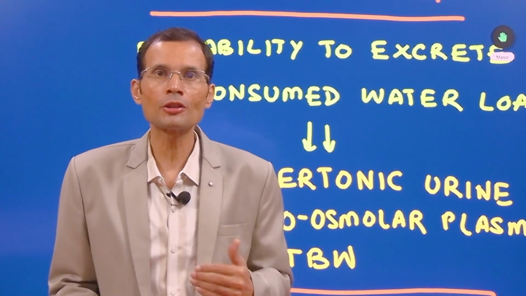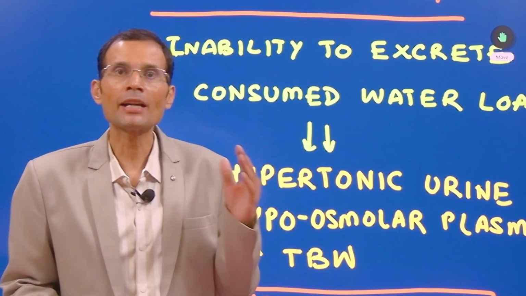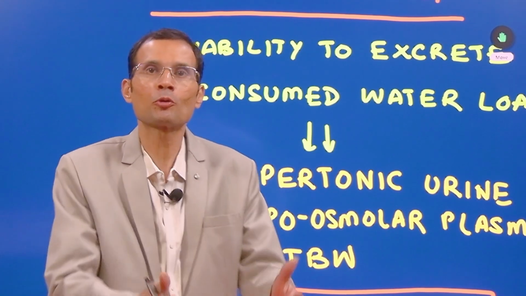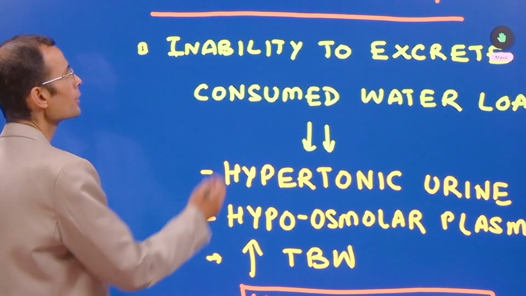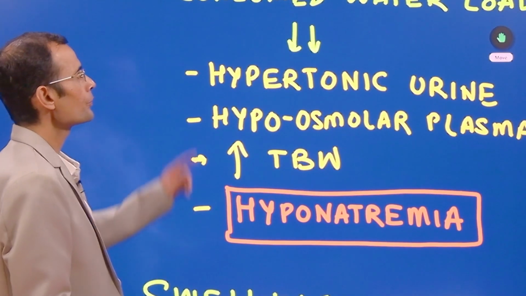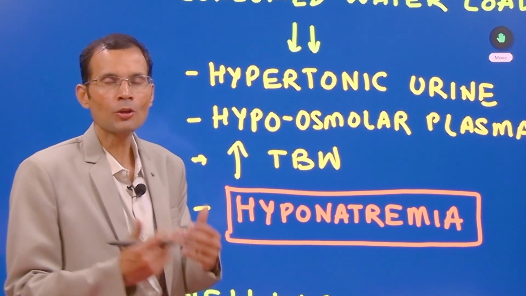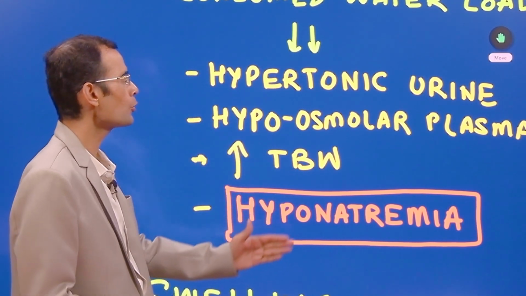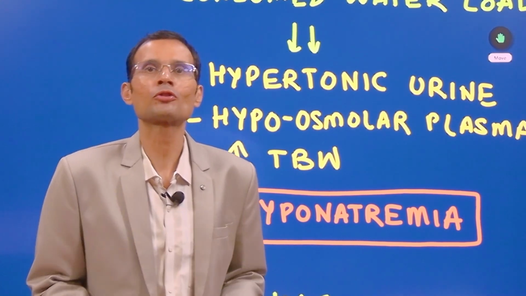So the consumed water load is making the plasma hypotonic, and there is no suppression of ADH. ADH is being inappropriately secreted. So the water load cannot be excreted into the urine. Inability to excrete consumed water load, and therefore there is hypertonic urine. Obviously, if the water load is not getting excreted into the urine, urine will become hypertonic and plasma will become hypotonic or hypo-osmolar.